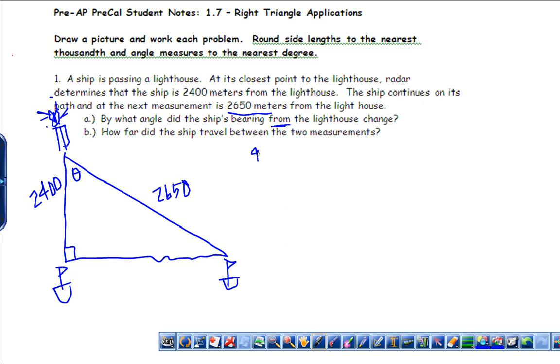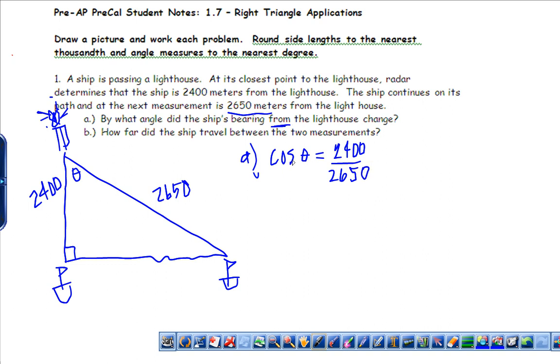So for A, from A, I want to know how my bearing changed. So I can use my adjacent and my hypotenuse, so that would be cosine of theta. And that would be 2,400 over 2,650.